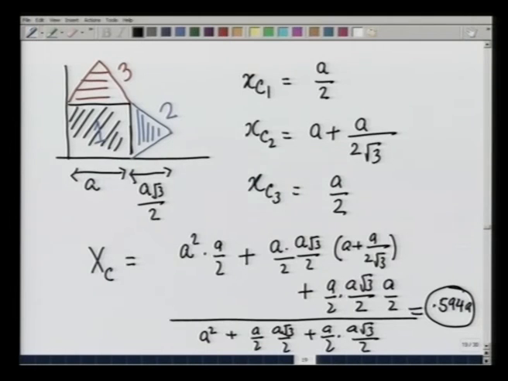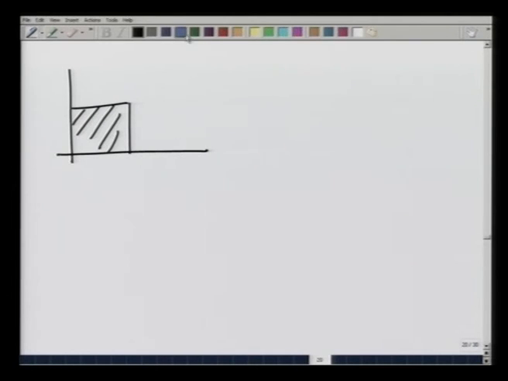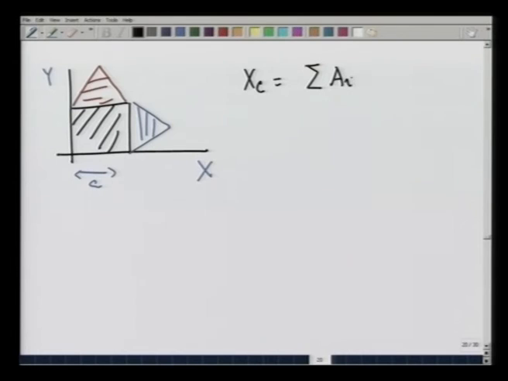By symmetry, y c would also come out to be the same. Therefore, for this assembly where I have a square of side a, with an equilateral triangle on top and on the side, taking x y axes, I get x c to be, writing a general formula, summation a i x c i divided by summation a i, which comes out to be 0.594 a, slightly to the right of the centroid of the square, which is expected because the area added onto the right shifts it to the right.